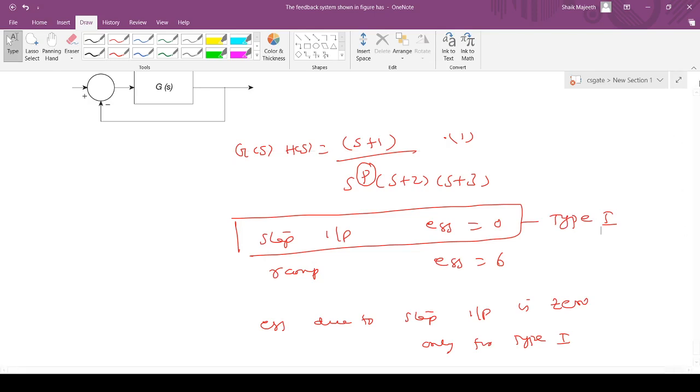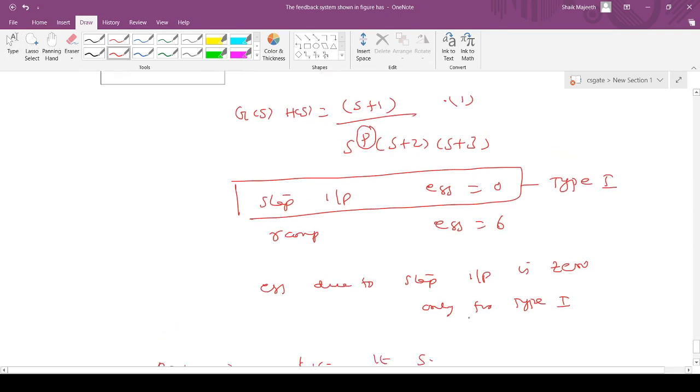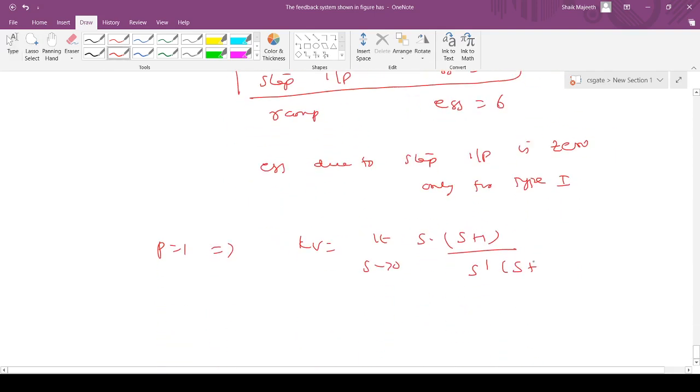The velocity error constant will be, let us assume p is equal to 1. p is equal to 1 means Kv will be equal to limit as s tends to 0 of s into G(s) H(s). So (s plus 1) divided by, instead of p I substitute 1, s into (s plus 2) into (s plus 3). So what will happen? This will be cancelled. So it will be 1 by 6.